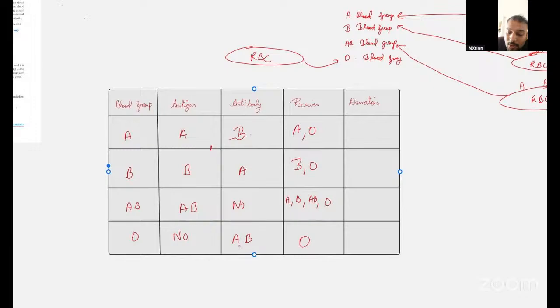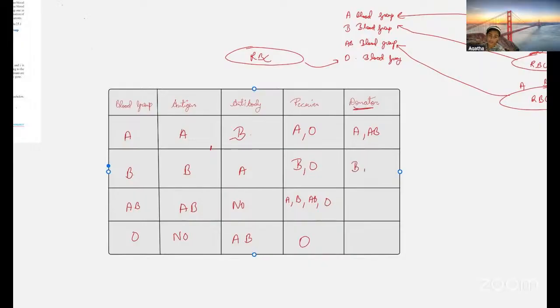If a person is a donor, like A, can give blood to whom? A and AB. He can donate to AB also because AB doesn't have any antibody. There won't be any problem. It depends on who has the antibody, right?